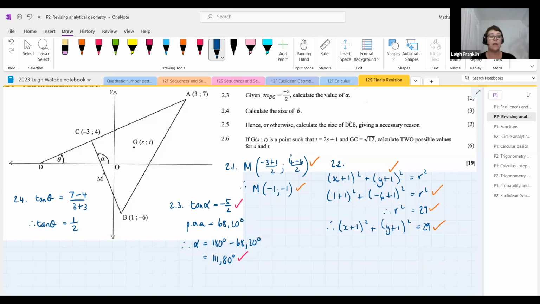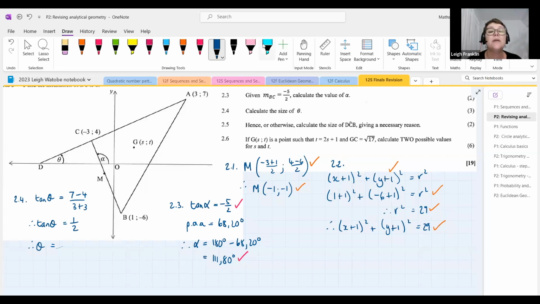Okay, so because our ratio is positive, our angle of inclination in this case is an acute angle. So our reference angle is theta in this case. So therefore we can go shift tan, put in the half, and work out the size of angle theta.